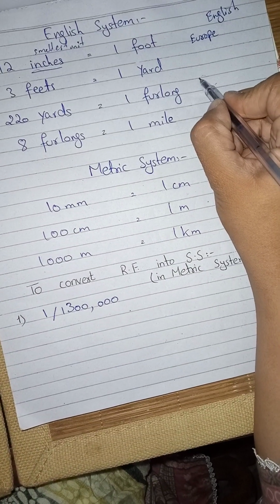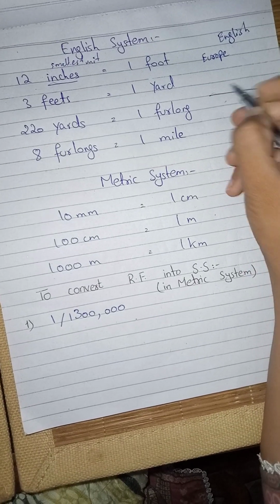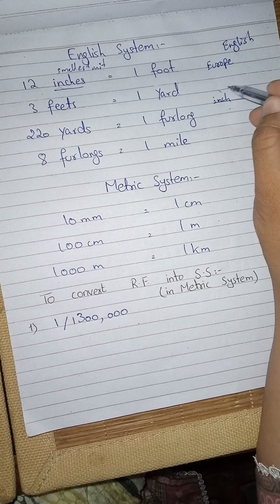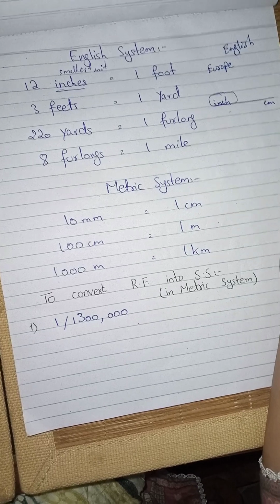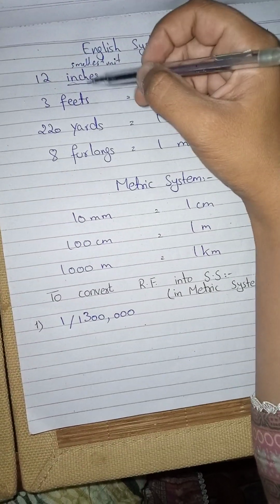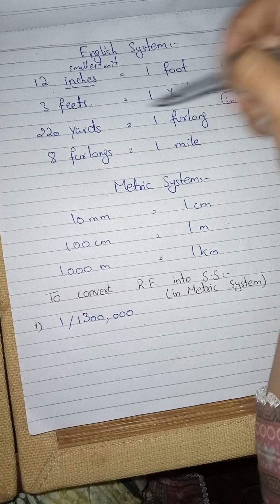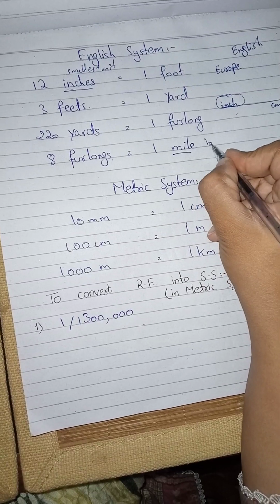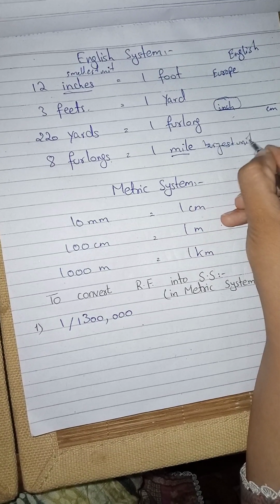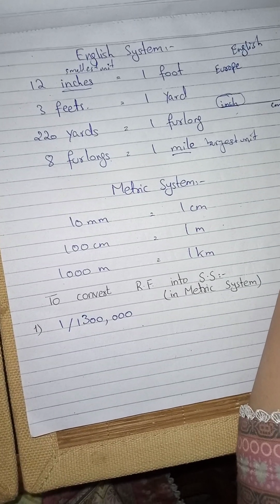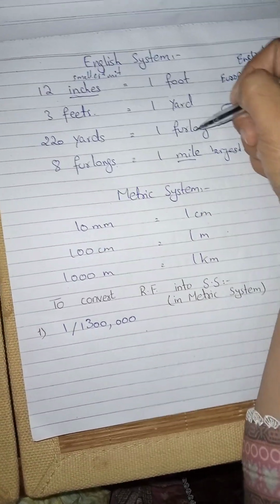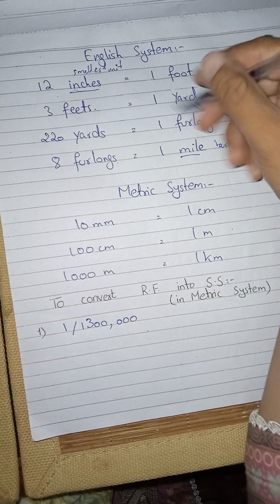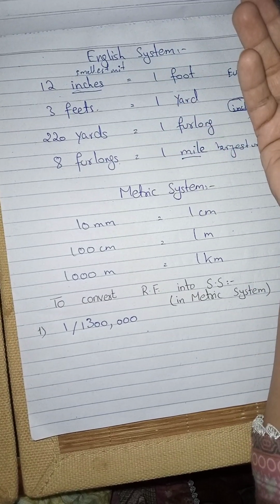You have to remember that on a geometrical scale we have two units, inch and centimeter, and we use inch in the English system. 1 yard equals 3 feet, 1 furlong equals 220 yards, and 1 mile equals 8 furlongs, and the mile is the largest unit in the English system. If we need to show a feature like 6 furlongs, we have to convert it into inches before drawing it on a map.